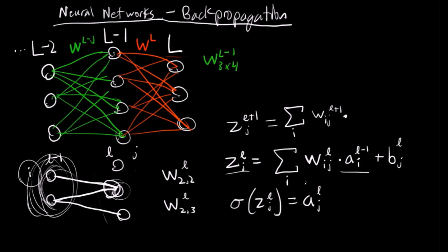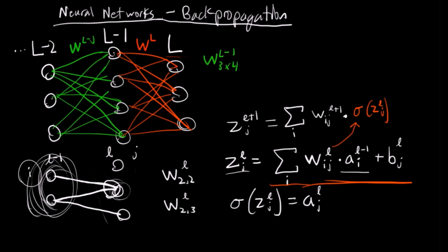I'm going to change colors. All this stuff, and I'm going to plug that into the sigmoid function here, giving Z^L of J. So that's how this recursion works, basically.